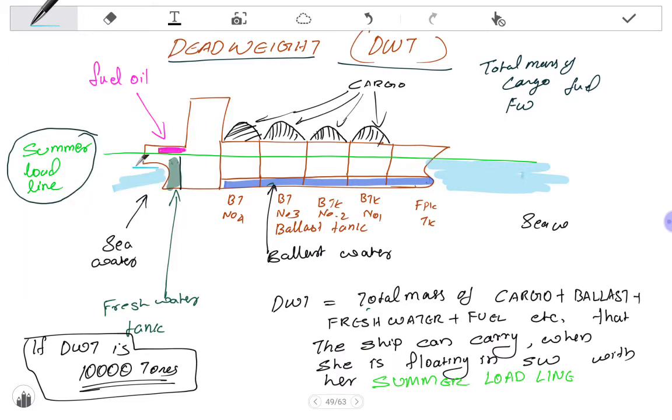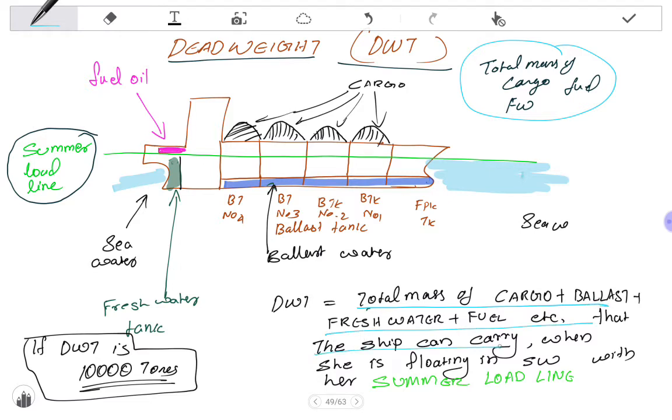Okay, so that is the explanation of dead weight. So total mass of cargo, fuel, freshwater, everything that ship can carry at summer load line. Okay, so that is what I explained here.